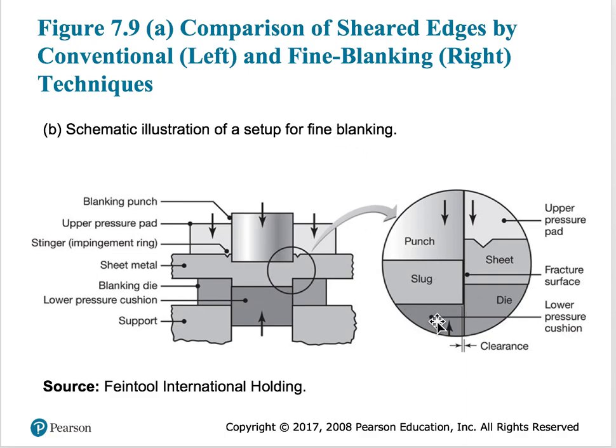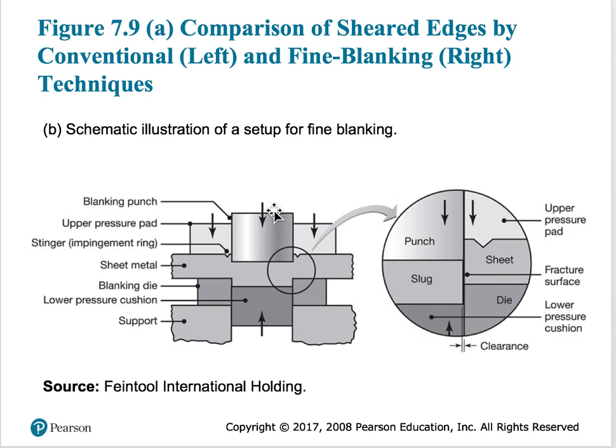Fine blanking is on the right side, and this one is the typical conventional blanking. Depending on the operation, that will get you the right kind of dimensions and shapes that you want.